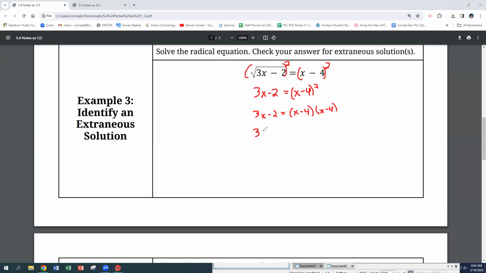Okay, I need to FOIL that out. So x times x is x squared, outer minus 4x, inner minus 4x, and then last is going to be plus 16. I can combine like terms. So it's going to be x squared minus 8x plus 16.